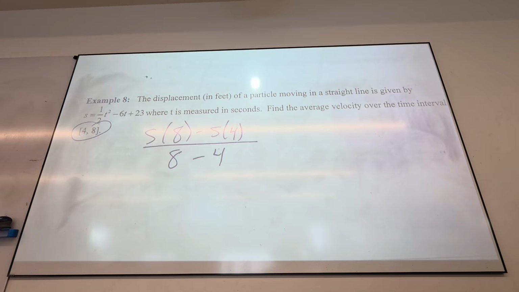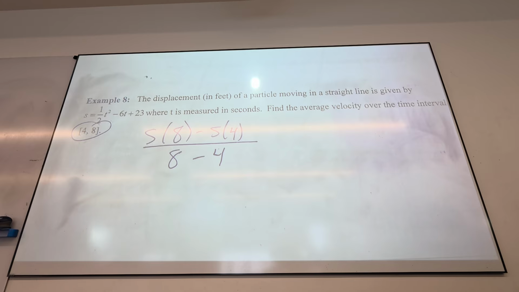So let's do 8 on the side here. One half of 8 squared, yes? What am I plugging in? I'm plugging an 8 in. So the 1/2 times 8 squared minus 6 times 8 plus 23.